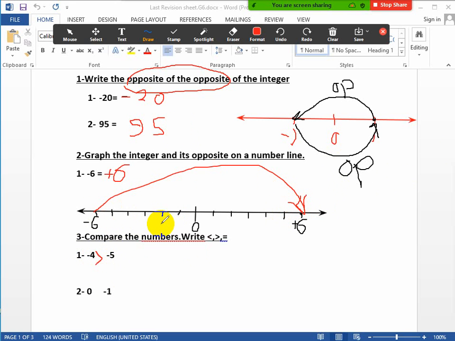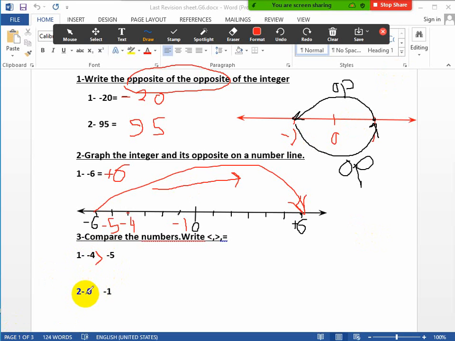Because if you can see the number line, this is negative 1, this is negative 2, this is negative 3, this is negative 4, and this is negative 5. According to the direction, this is the greater direction. So negative 4 is greater than negative 5. Thank you, Lena. As I said, if I have two negative numbers, the smaller number is the greater value. That means negative 4 is greater than negative 5.